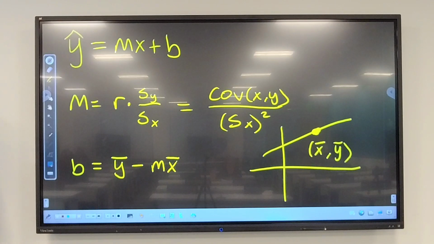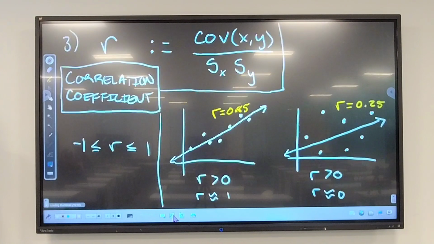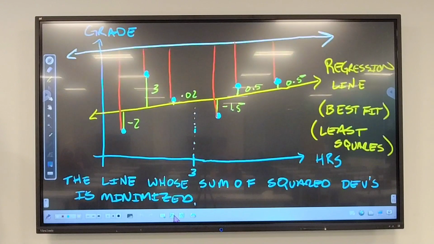Well, naturally, you would expect that to happen because it's trying to make predictions, and the average is a pretty good prediction. Take the average x value, it should give you back the average y value. That's all it says. And this is how they build that line. You need all this stuff.